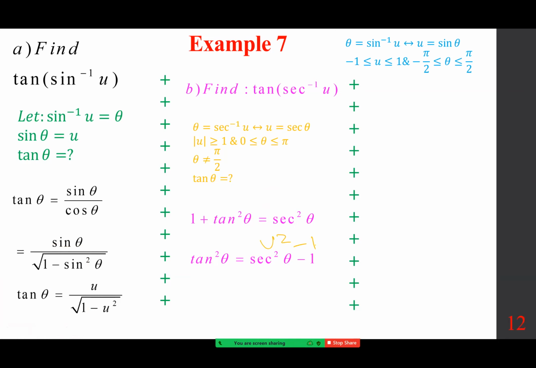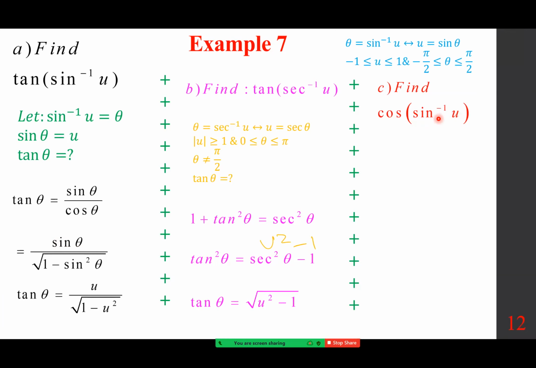And tangent is the square root of that. We're interested in finding cosine of sine inverse of u.